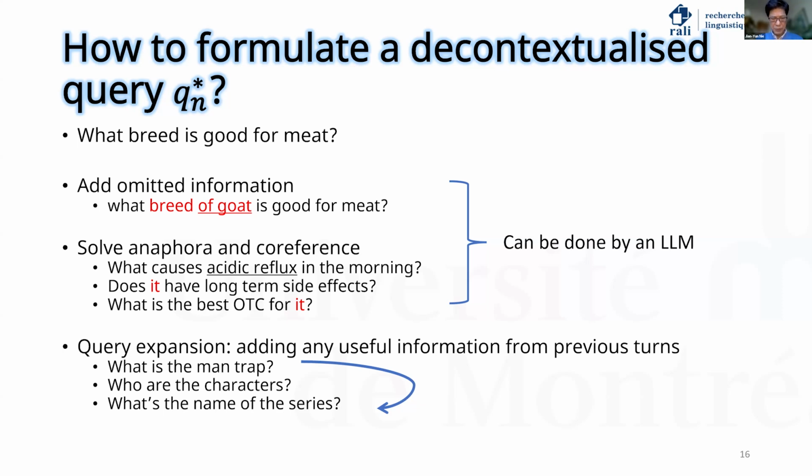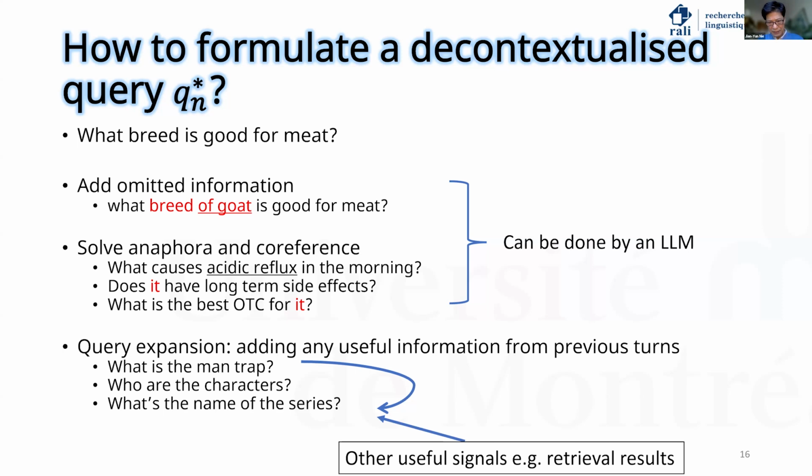For example, typically we can think about query expansion by adding related information, which is not necessarily directly connected, such as the anaphora or missing omitted concept, but some information could be useful somehow implicitly. And typically in information retrieval, query expansion would add those concepts into the query to enhance the query. So this is one aspect that we can do in conversational IR.